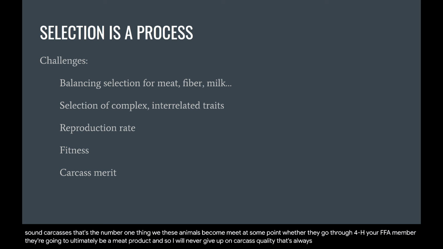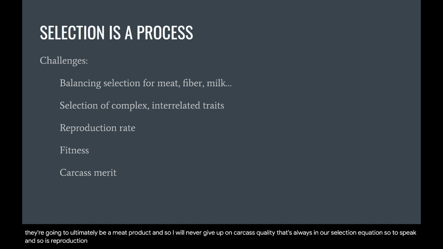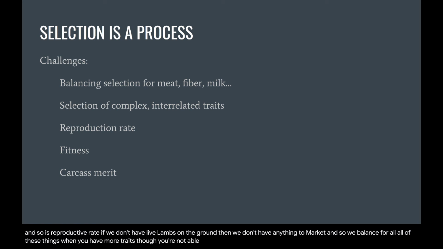That's always in our selection equation, so to speak. And so is reproductive rate. If we don't have live lambs on the ground, then we don't have anything to market. And so we balance for all of these things. When you have more traits, though, you're not able to make as rapid a progress as if you were to do a single trait selection plan.